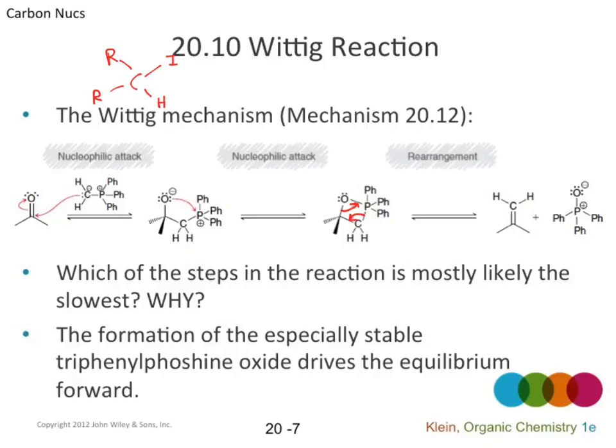You might see something like this, reacting with the first step, our triphenylphosphorus, followed by our butyl lithium, followed by some carbonyl compound. So it can get kind of hidden in what's actually occurring.